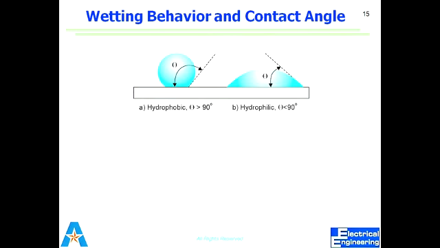So it will make a shape like this. If I want to find the angle that the water makes with the surface, this angle is greater than 90. If this angle is greater than 90, it means it's actually hydrophobic, because it does not want to have greater contact with the surface. It tries to get itself away from the surface, because in this case the water has tried its best to get itself away from the surface.